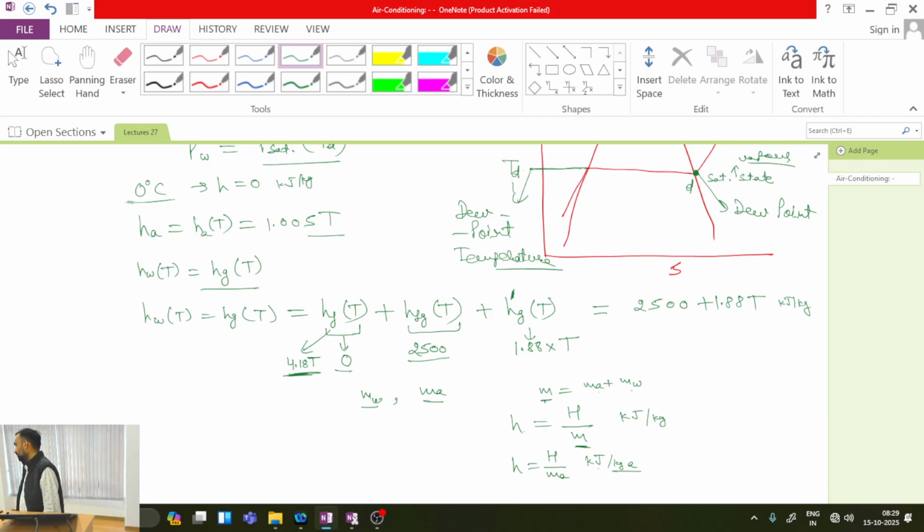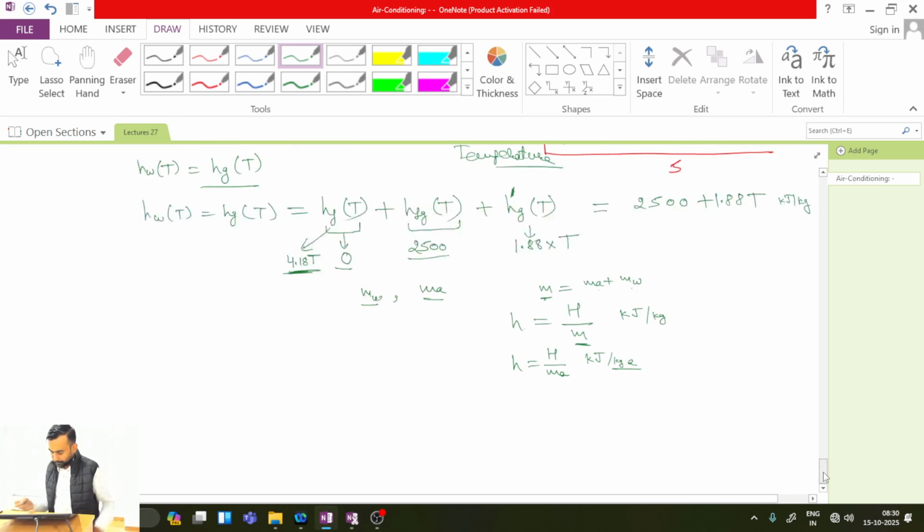This is an important point because M will be variable within the equipment when humidification, dehumidification, etc. take place, but the content of dry air handled by the equipment will always remain the same. Considering this, I can simply define MA as the mass of dry air.